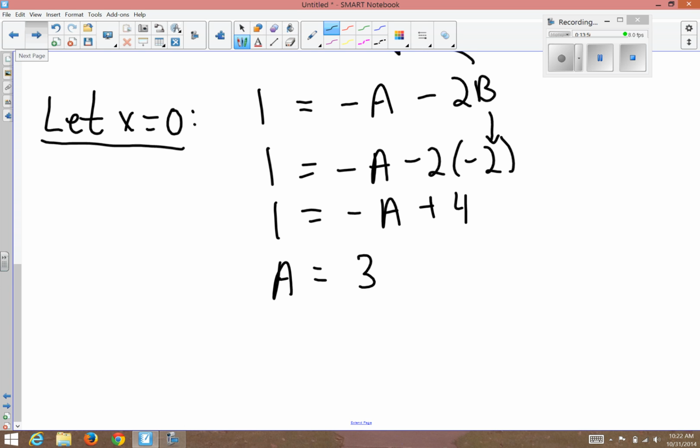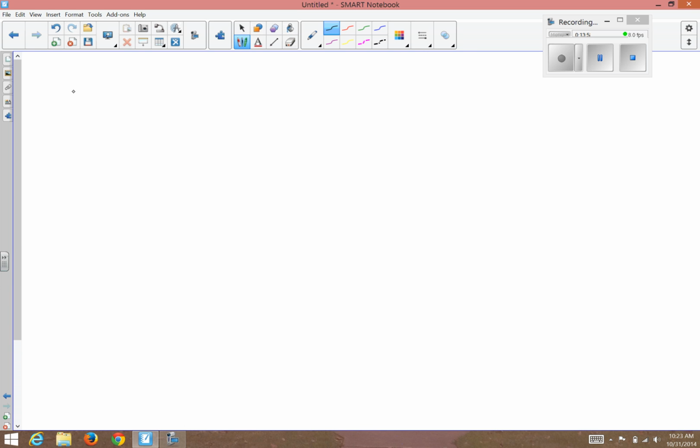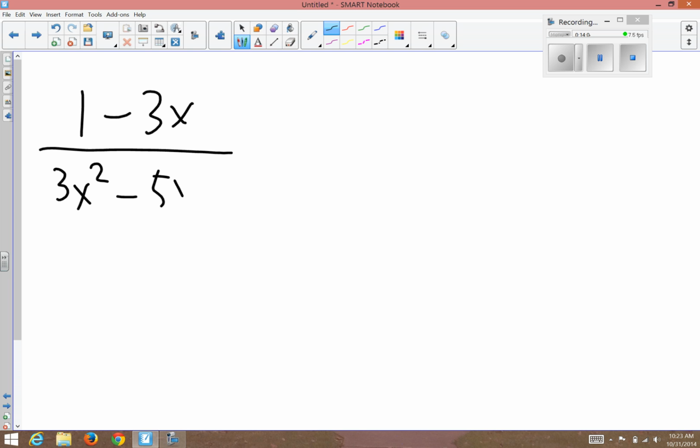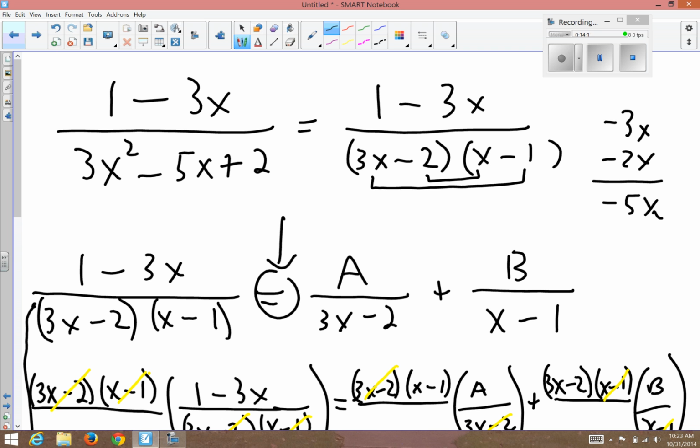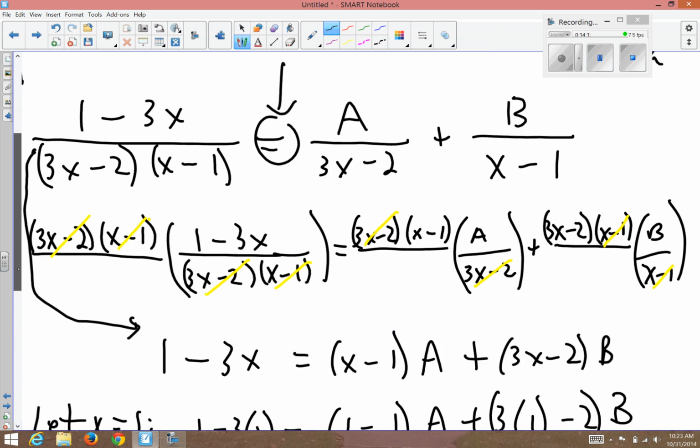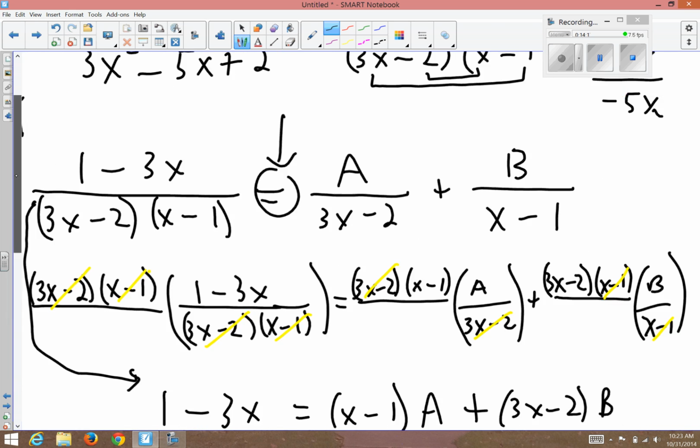So here comes the partial fraction decomposition. We started with this fraction, 1 minus 3x over 3x squared minus 5x plus 2. That equals a over 3x minus 2. A is 3.